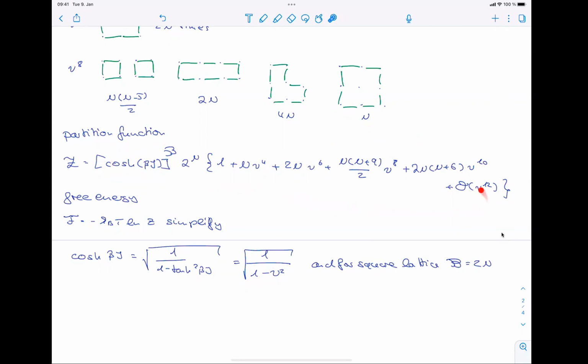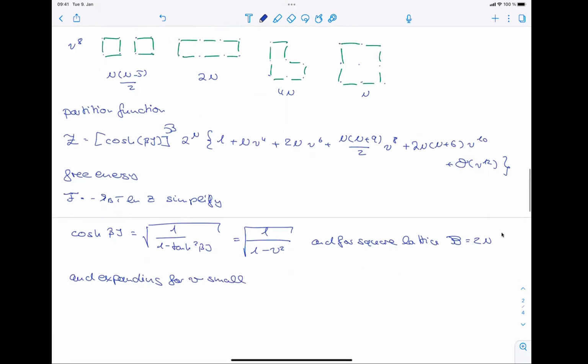So it's instructive to calculate the free energy, but then expand in terms of v being small yet again, and we get into v squared.